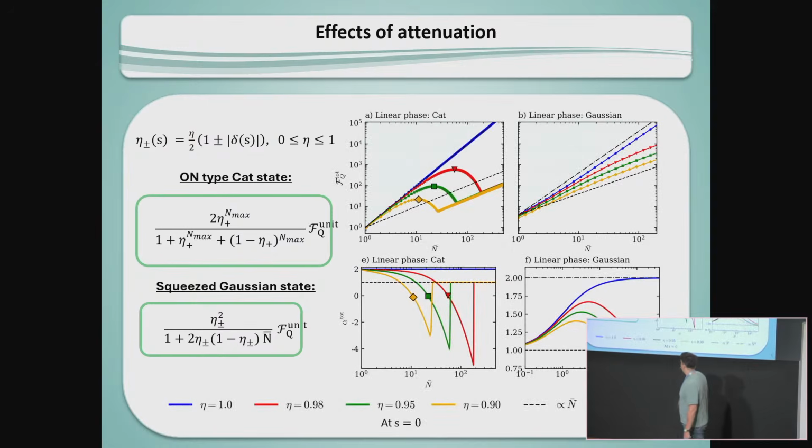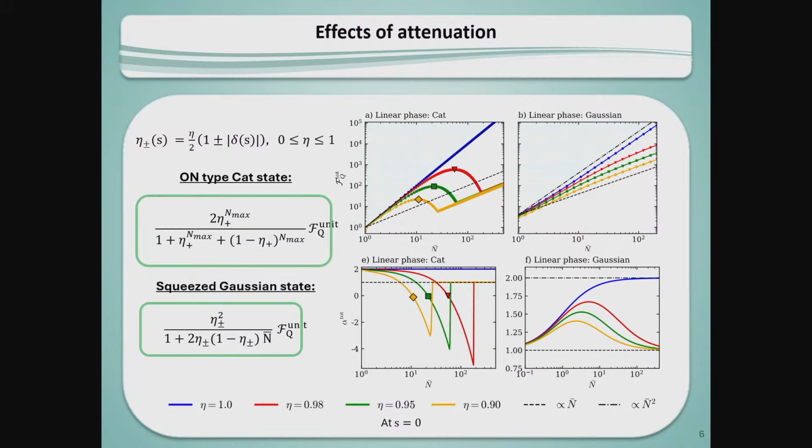So here are some plots of what this looks like for the NOON-type state on the left and the squeezed state on the right. And what you see on the top is, for different attenuation factors, how the total quantum Fisher information behaves. And we can see that it starts off nice and quadratic scaling.